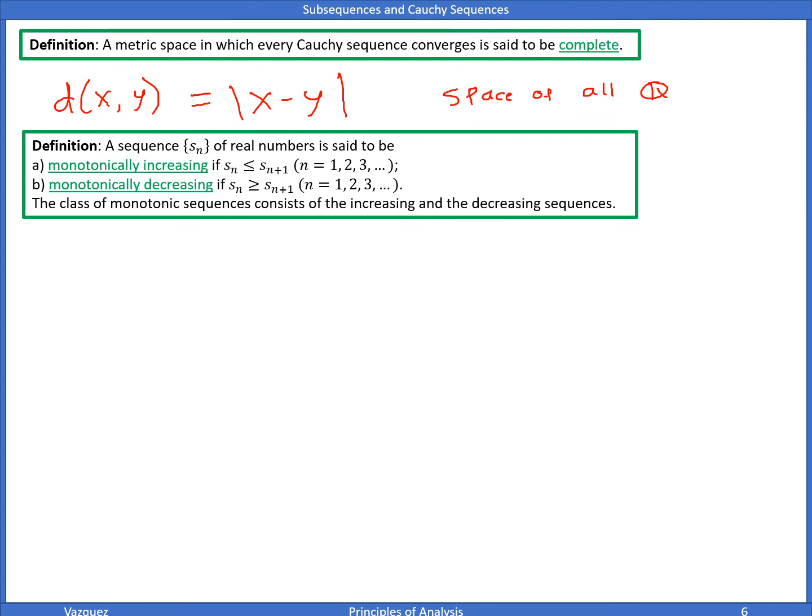S sub n is monotonically increasing if S sub n is less than or equal to S sub n plus 1, meaning the next term is greater than or equal to the previous term, or monotonically decreasing if the next term is less than or equal to the previous term. So if a sequence stays constant, it is monotonically increasing and monotonically decreasing because we don't have strict inequality there. So that's what monotonic sequences are.